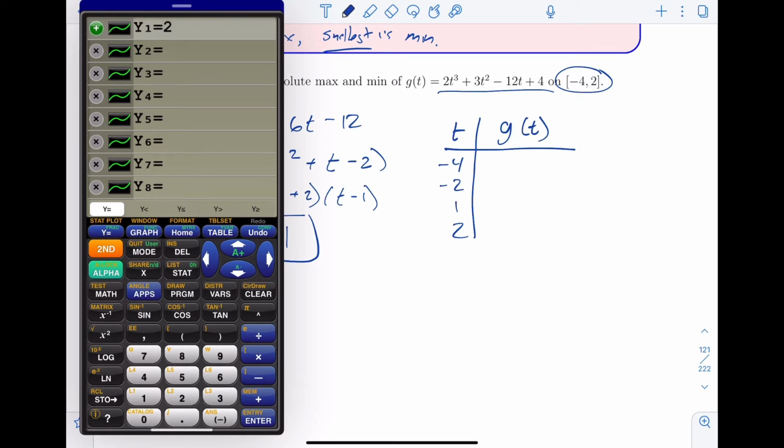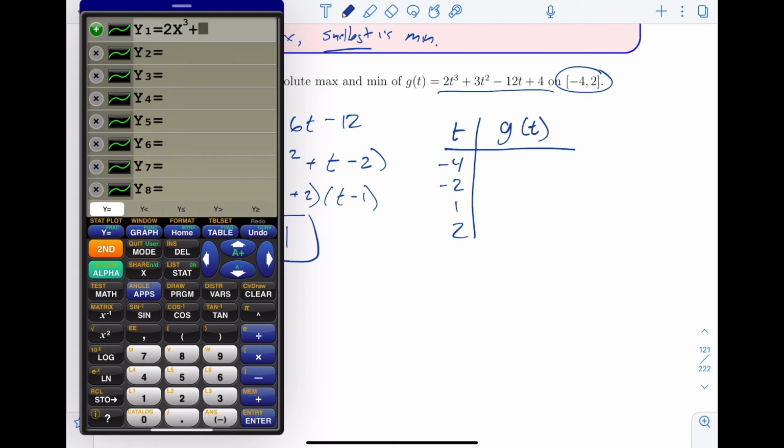So 2t to the third power plus 3t squared minus 12t plus 4, and of course I'm using x here.